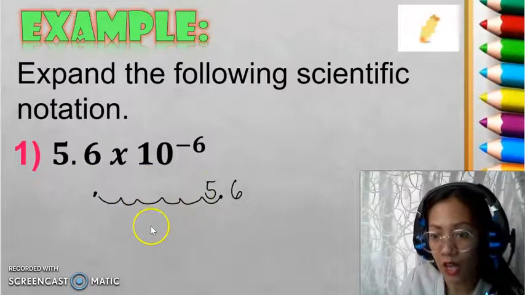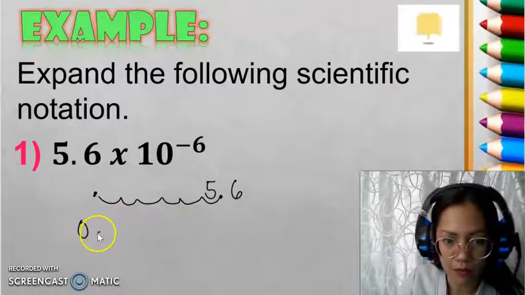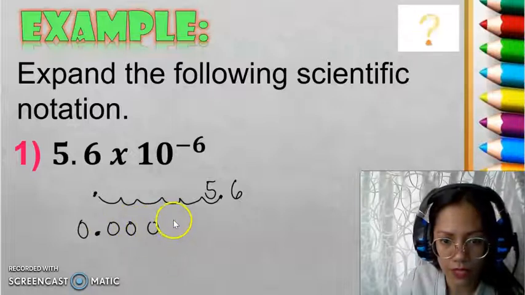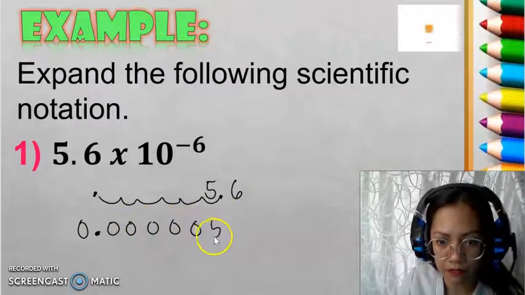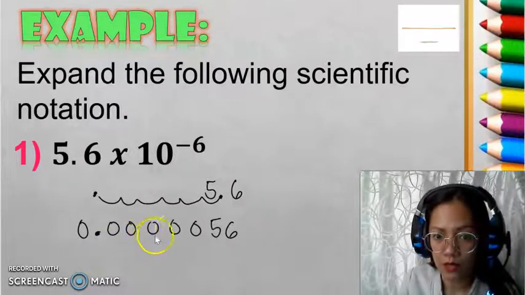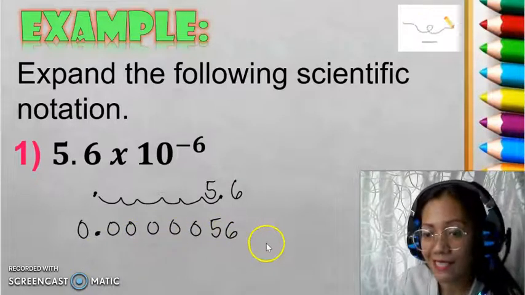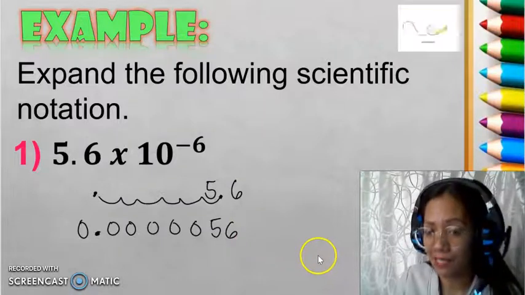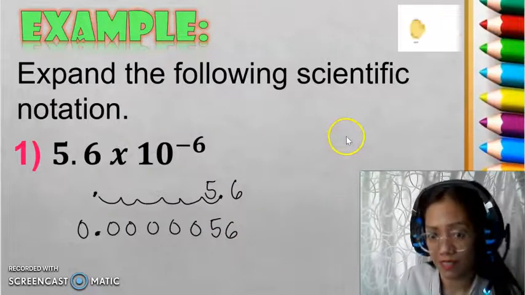The numbers to be written here are zeros. So we have 0 point, then 1, 2, 3, 4, 5 zeros, and then 5, 6. There you go. 0.00000056 is the expanded form of 5.6 times 10 raised to negative 6.